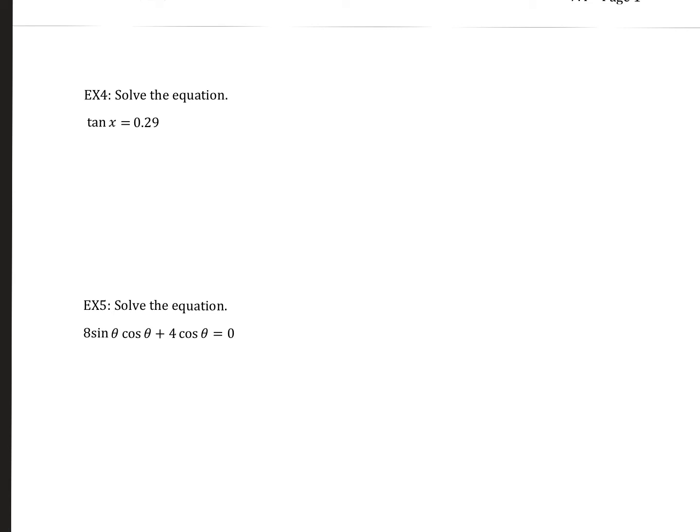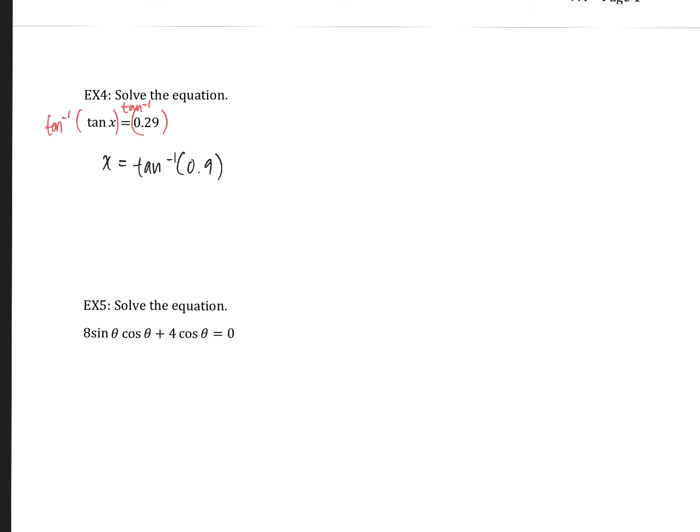So solving for x, we'll just go ahead and take the tangent inverse of both sides. Why are we doing tangent inverse instead of what we did previously, which was finding the exact values? The reason is I don't actually know what the exact values are because I can't find them on the unit circle. If you cannot find them on the unit circle, that's when you'd use the tangent inverse, but if you can, you should be using the exact value.